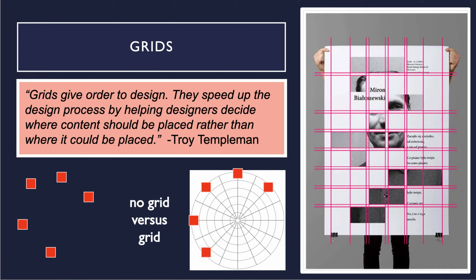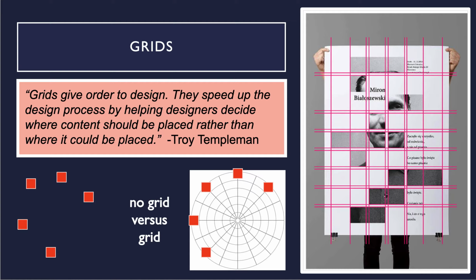Okay, so grids basically give order to design. They also make it easier because then you know where to put things, right? So if you look at the one on the left, that is laid out not with a grid, so it doesn't quite feel like it works.